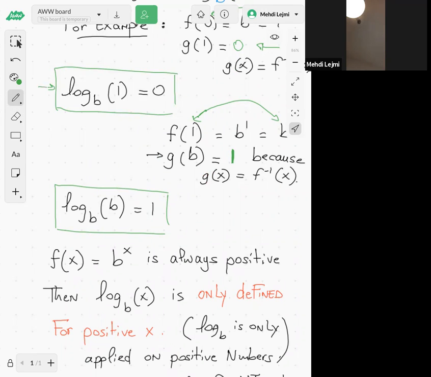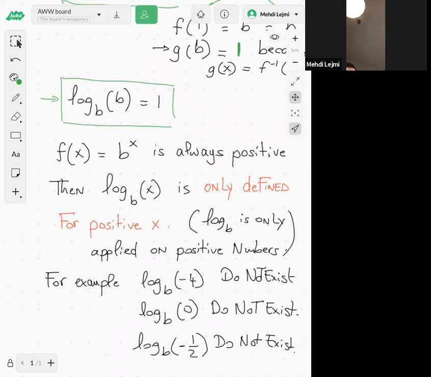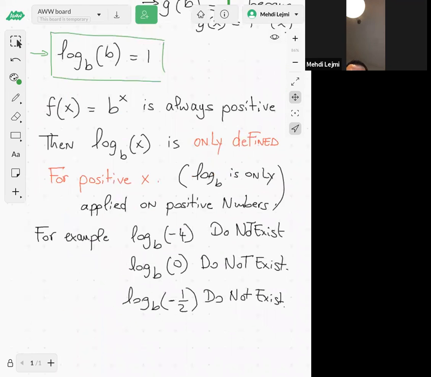It doesn't matter the base b. Log of b in the base b is 1. So if you have a log of a number in the same base, then the answer would be 1. And the log is only defined for positive numbers. You cannot have a negative number or 0 inside the log.